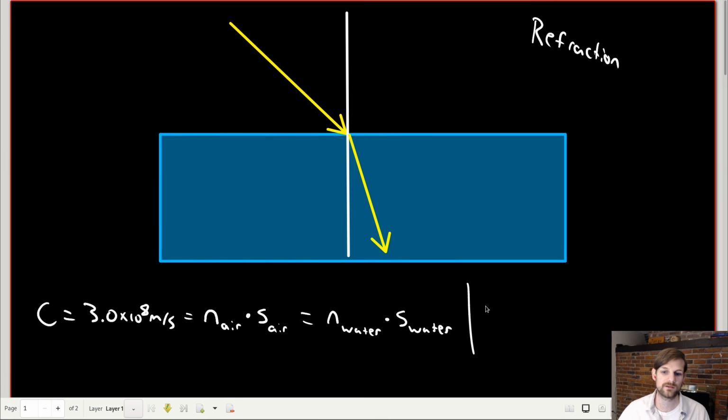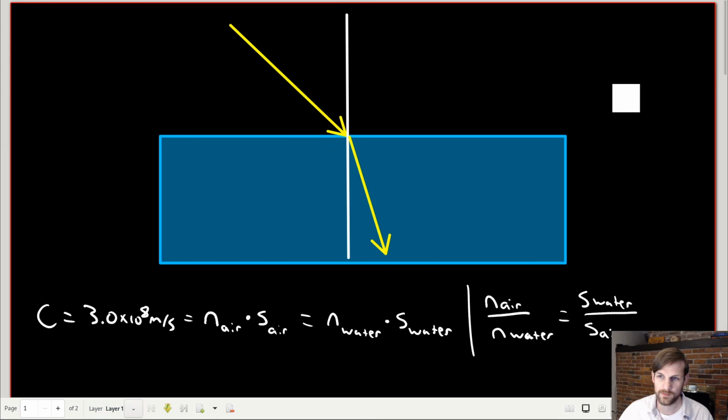By rearranging this equation, we can find the following: N of air over N of water is equal to the speed of light in water over the speed of light in air.